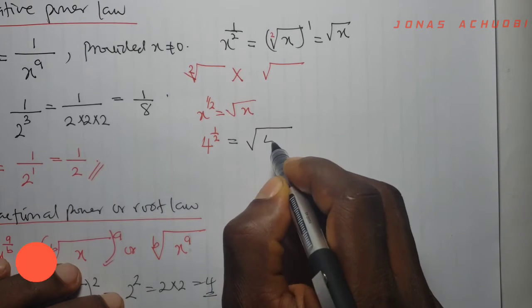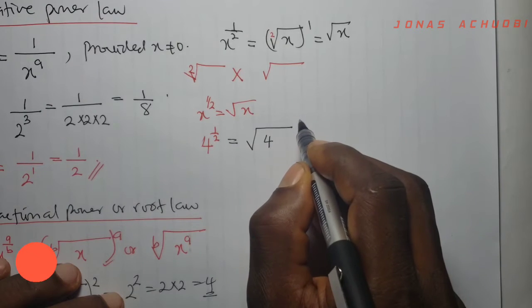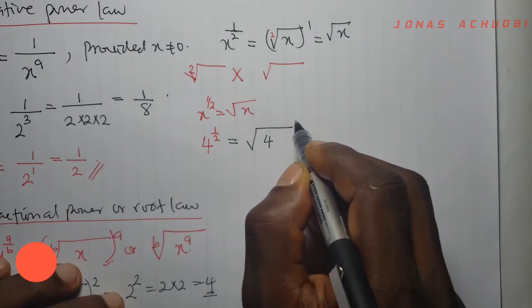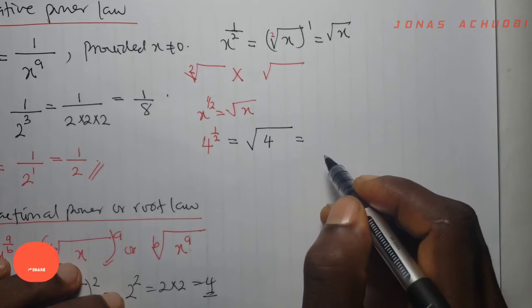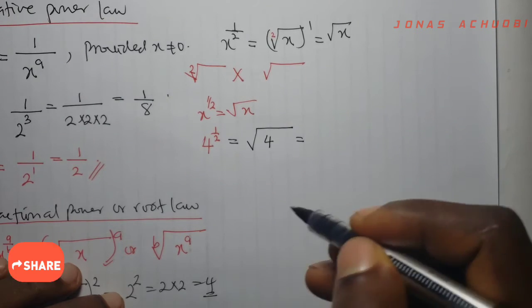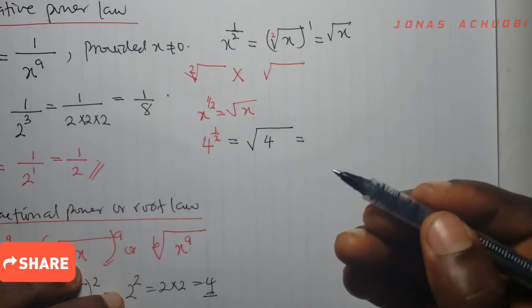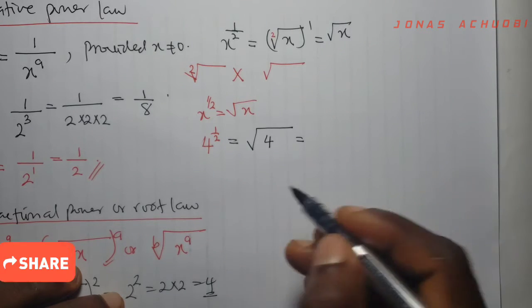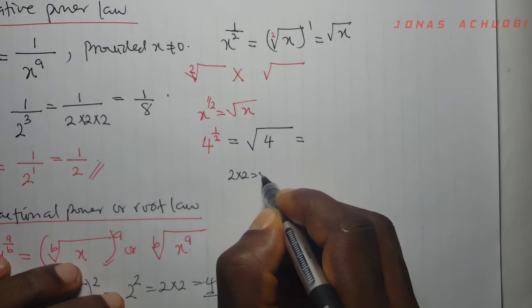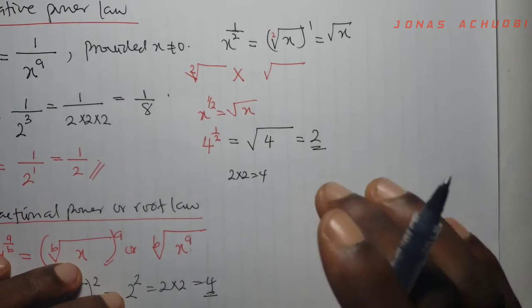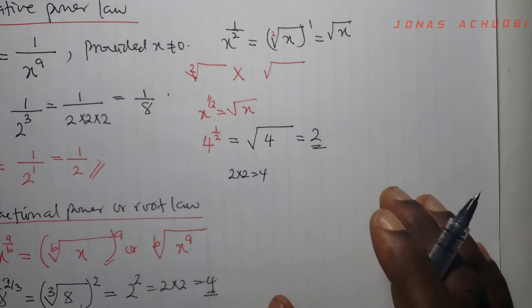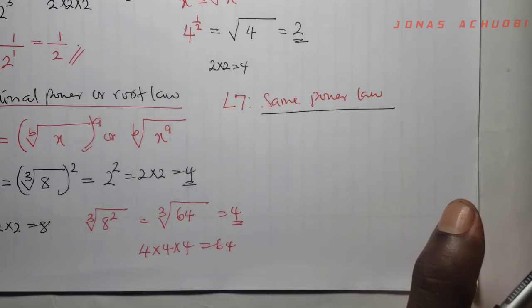So that becomes the square root of 4, raised to power 1. But when you raise it to power 1, it doesn't change the number. So the square root of 4 simply means what number can multiply itself 2 times to give you 4. The number is 2, since 2 times 2 is 4. Therefore, the square root of 4 is 2, and I've applied the fractional power or root law.